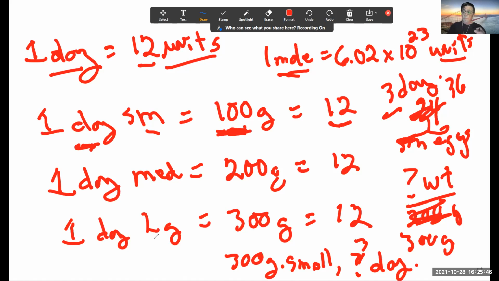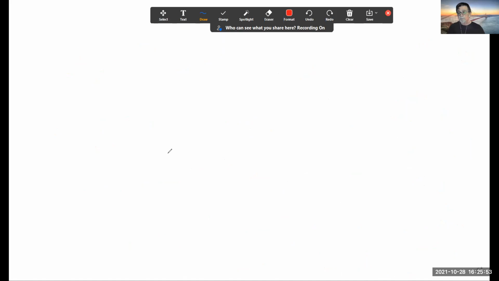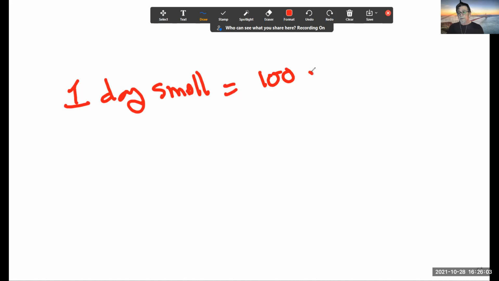Okay. So now the other aspect here is this. Let me clear all this up. 1 dozen small, I'm just going to go small, equals 100 grams. Guess what? That is a ratio. Remember when we were doing conversion factors?